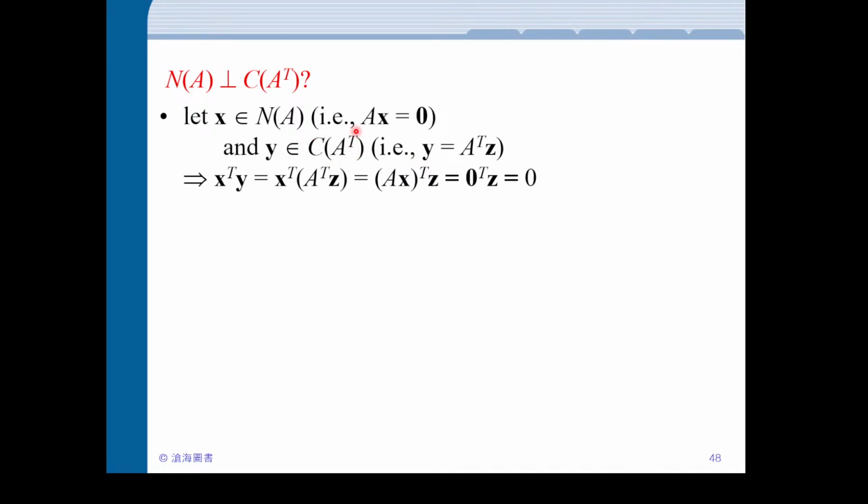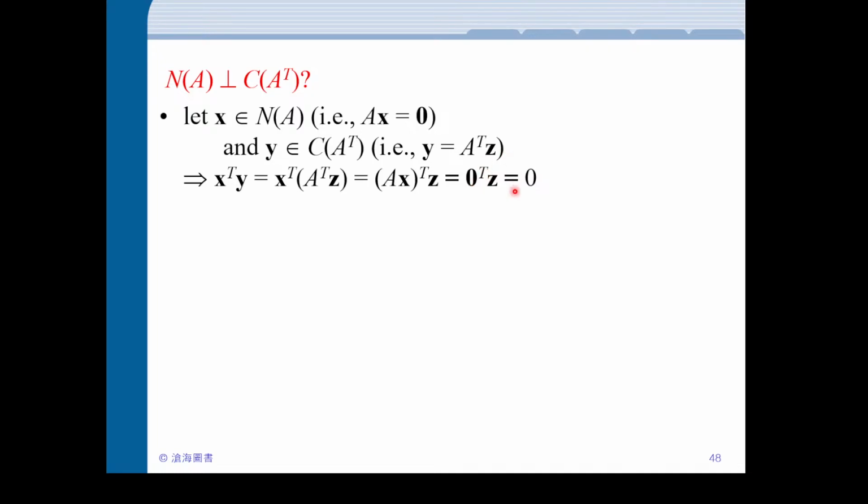And this is how we talked about the column space before. Now we take an inner product between x and y. Then we have x transpose y equal to x transpose times A transpose z, using the y condition here. Then we can do the multiplication of x transpose and A transpose first, which is (Ax) transpose, and then we use Ax equal to 0.